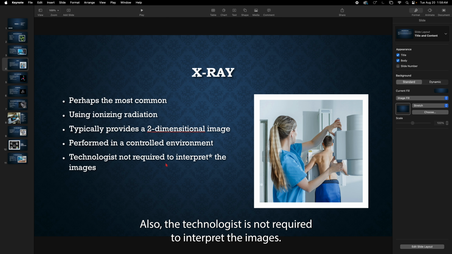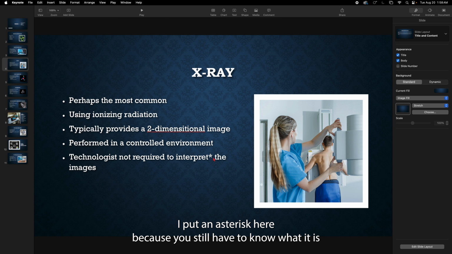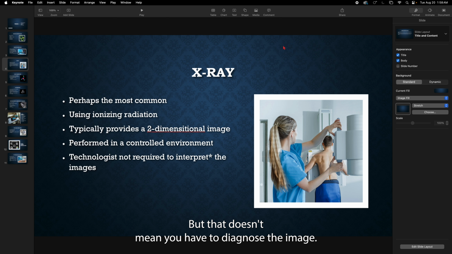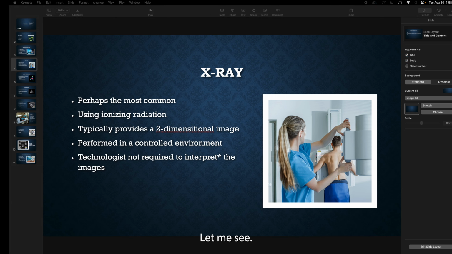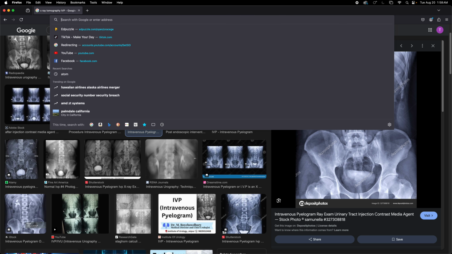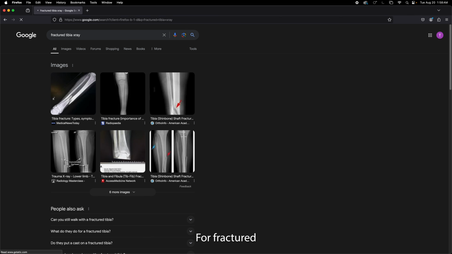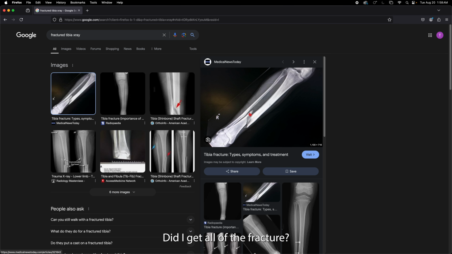The technologist is not required to interpret the images. All right, I put an asterisk here because you still have to know what it is that you're looking at. But that doesn't mean you have to diagnose the image. So for example, if you're doing an X-ray for a fractured bone, you should at the minimum know, did I get all of the fracture?